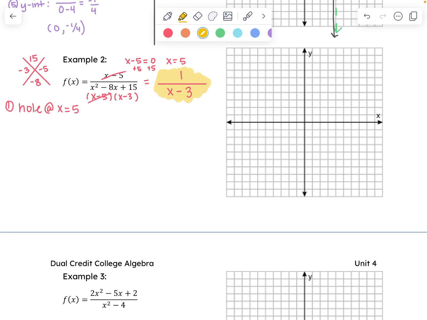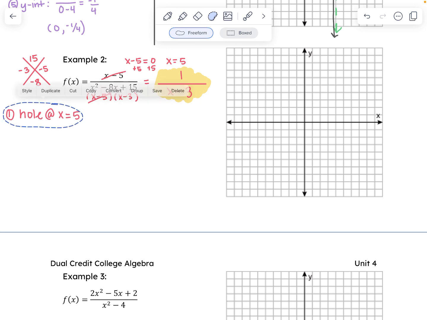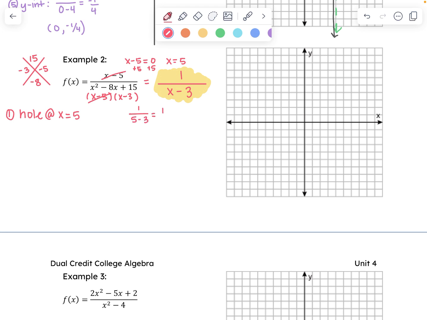So for my hole, I do need to know what the y value is that goes with that hole. So I need to take that 5 and plug it in. When I plug 5 in, that's going to be 1 over 5 minus 3, which is going to give me 1/2. So my hole is at 5, 1/2.